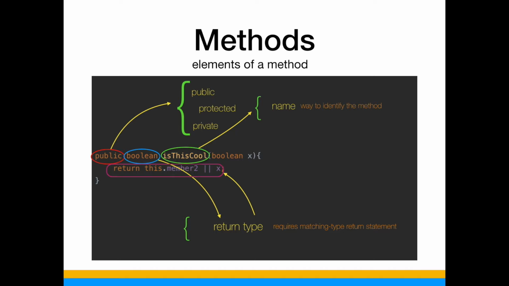The next thing is a name, how we're going to identify that method, and then the last part is the arguments that are going to be sent to the function.